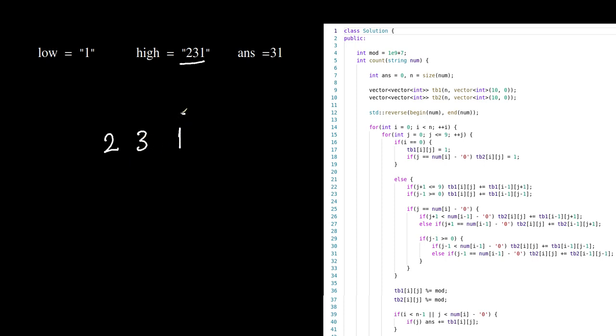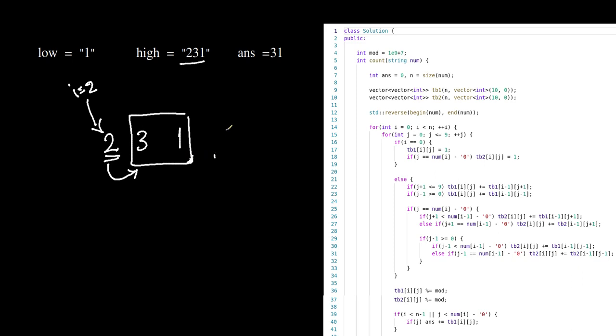Now assume we have some information, or we solved for this segment, and we are trying to solve including this index i equal 2. Now we need to solve for all numbers from 0 up to 2, and we need to take advantage of the previous solution for this part.